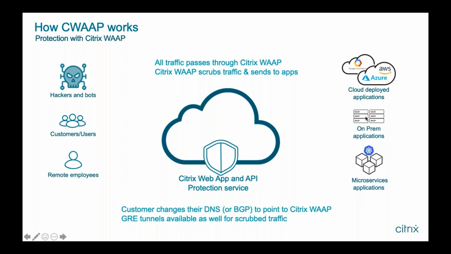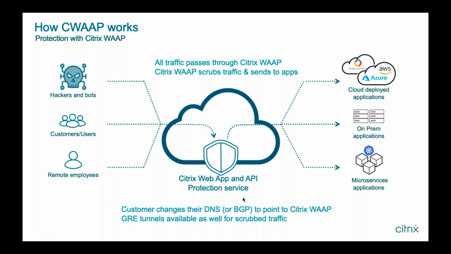Cloud, private cloud, public cloud, could be microservices application. To make it work, you just need to change DNS or BGP to point to Citrix CWAP, to start protecting you for scrubbing, right away.